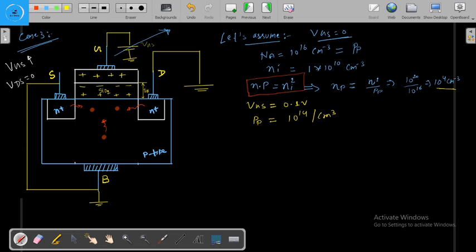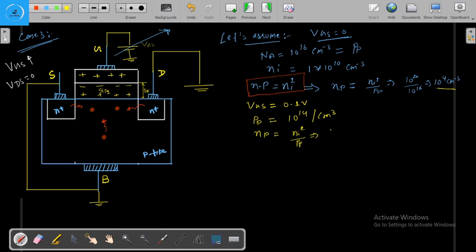Hence the concentration of the electron near the Si-SiO2 interface, I'm talking only about the surface near the silicon dioxide, please listen carefully here, will be Ni square divided by the hole concentration near the interface.